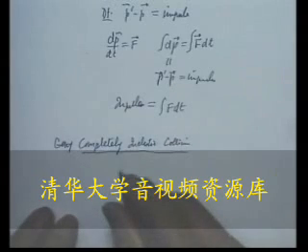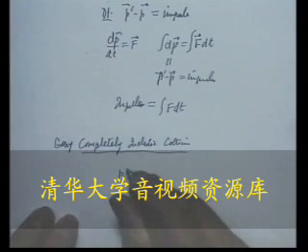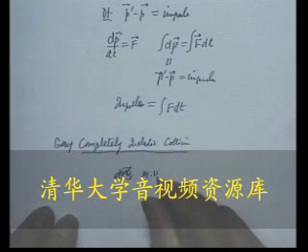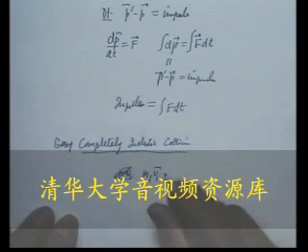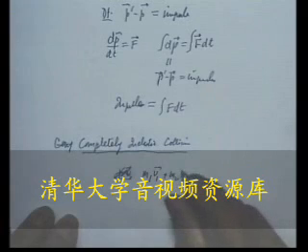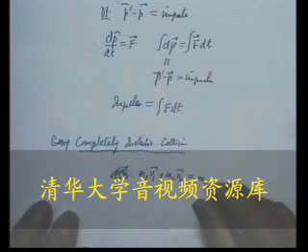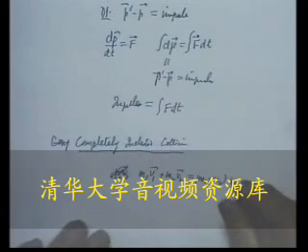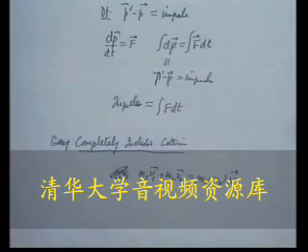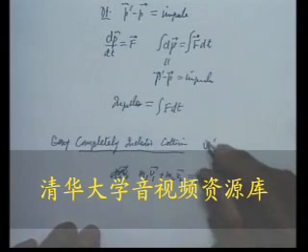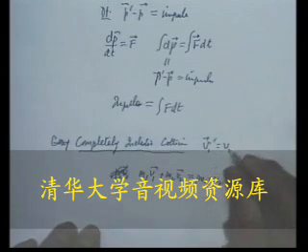So therefore we have M1 V1 plus M2 V2 is equal to M1 plus M2 times V. In other words, V1 prime is equal to V2 prime.